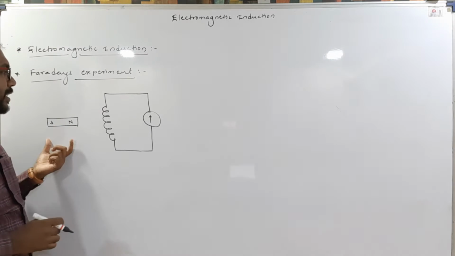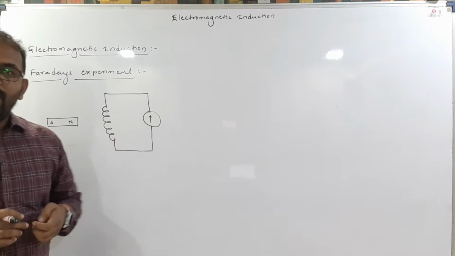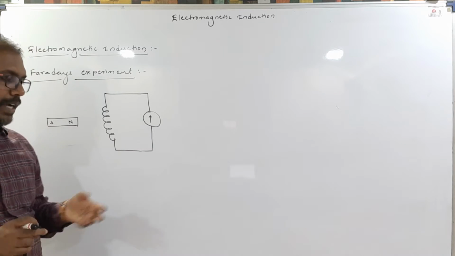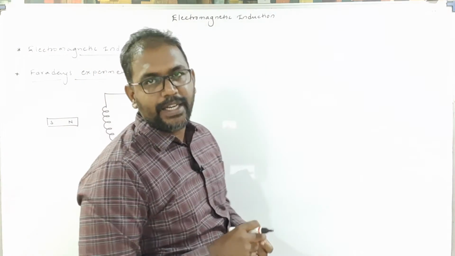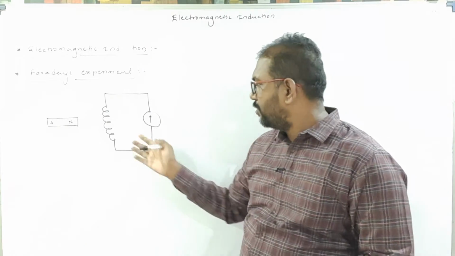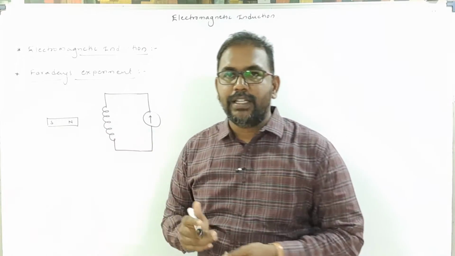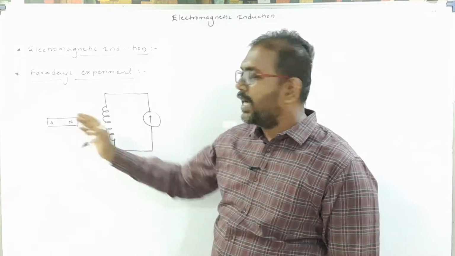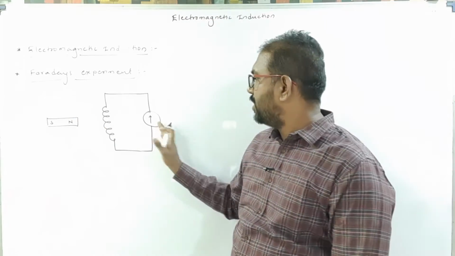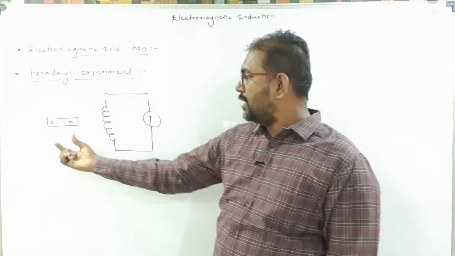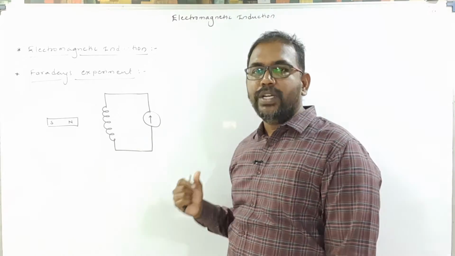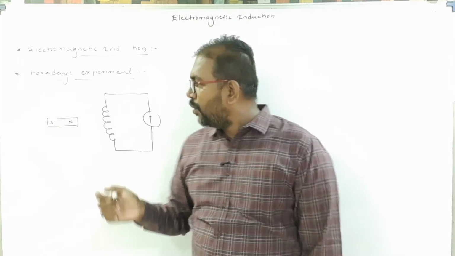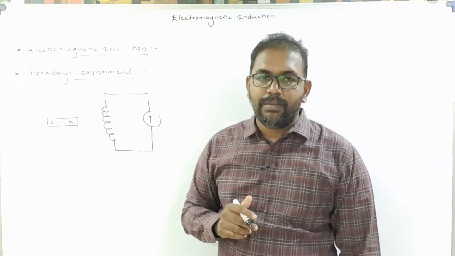When this magnet is at rest, there is no deflection in the galvanometer. The galvanometer is basically used to detect current. If current flows through this coil, the galvanometer detects the current and shows a deflection. When this magnet is at one point, no deflection. As we start moving this magnet towards the coil, we observe deflection in the galvanometer.